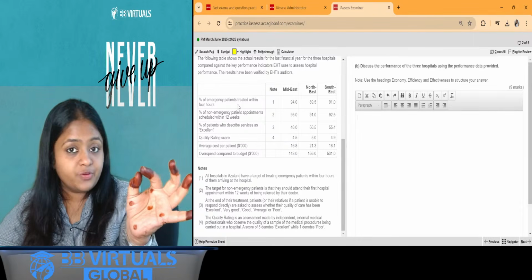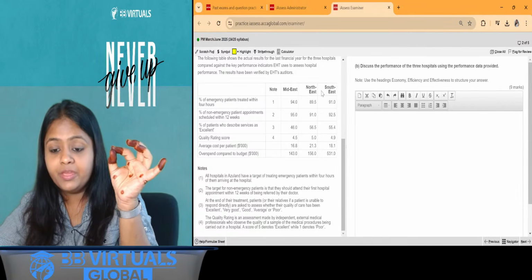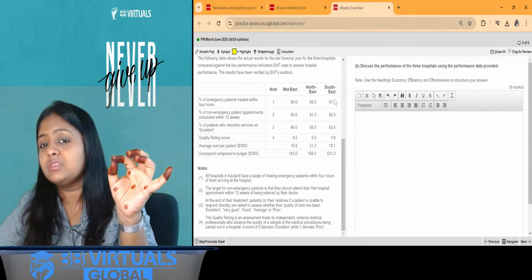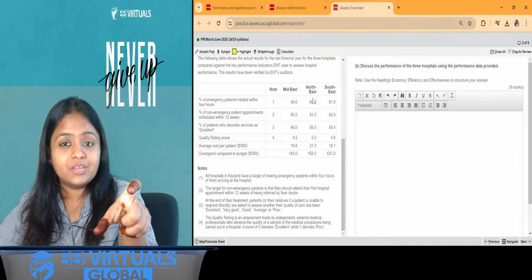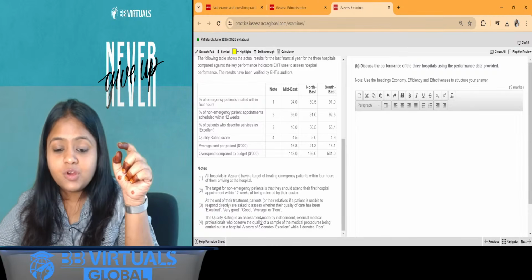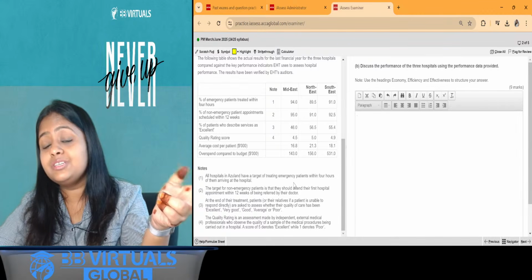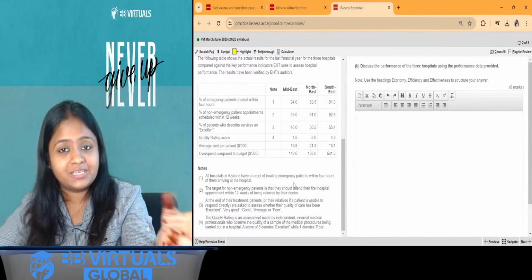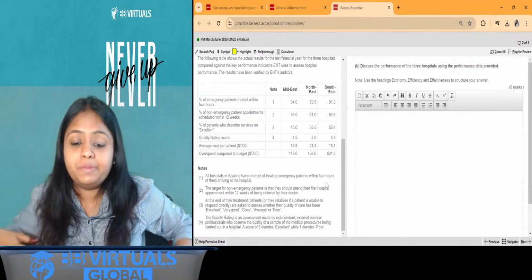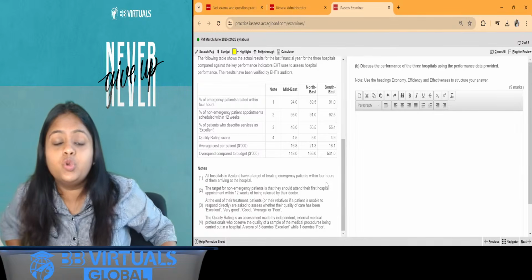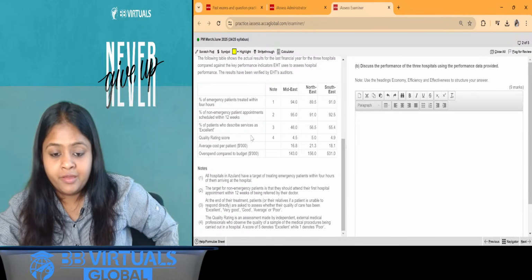The percentage of emergency patients who were treated within 4 hours: Mid East 94, Northeast 89.5 and Southeast 91. So 89.5 is lowest. But what you have to identify here is which of these factors you will assign with which E. So with economy you will assign which E, with efficiency which E, and with effectiveness which E. Okay. Next is percentage of non-emergency patient appointments scheduled within 12 weeks: 95, 91 and 92.5.